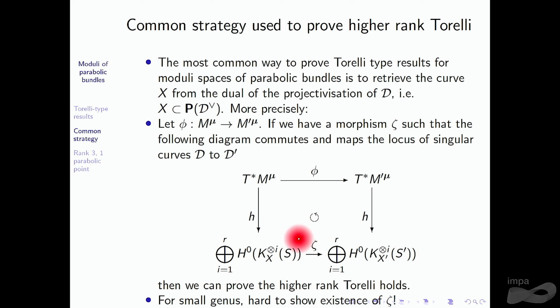For g greater than or equal to 3, this is already given by Faltings. But for lower genus, this is not clear. So Thiago shows that for g equals 1, rank equals 2, this still exists, and it does what you want it to do, which is to take the locus of singular spectral curves to the locus of singular spectral curves, and then you can get back your curve from that locus. Okay.